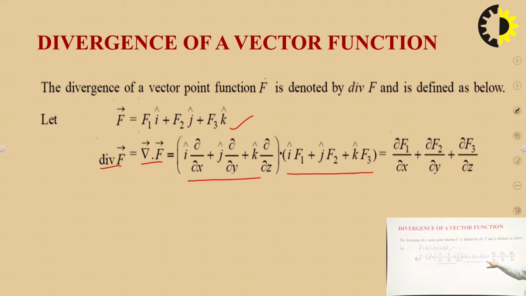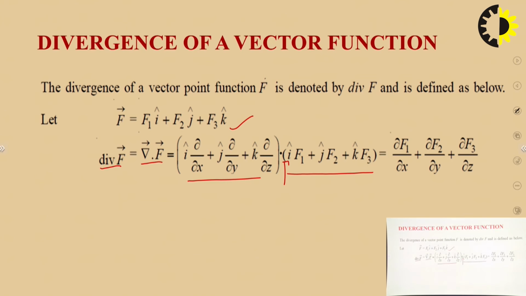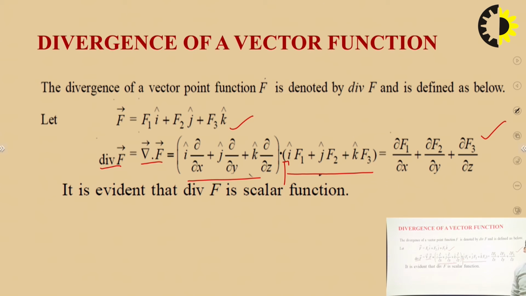This is the definition of the given vector. Now we are taking the dot product of these two vectors. After taking the dot product, we get this kind of structure, and this is what we call the divergence of f.